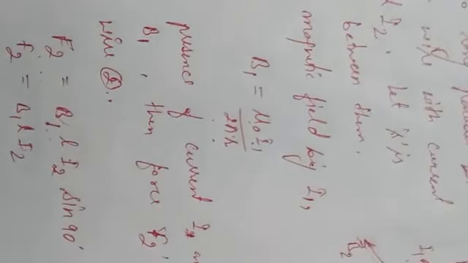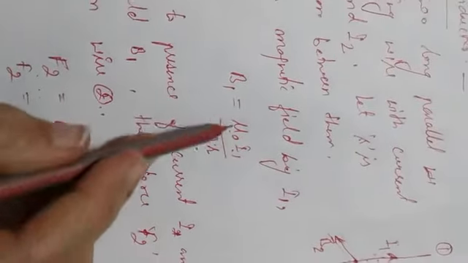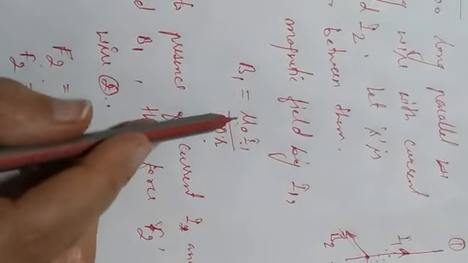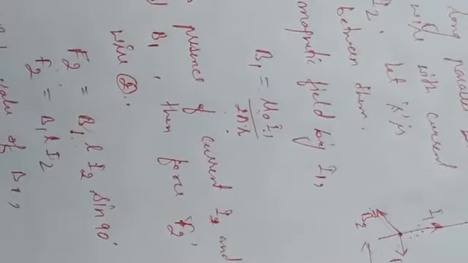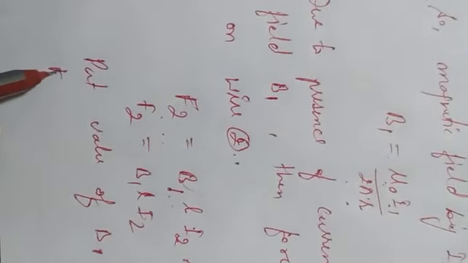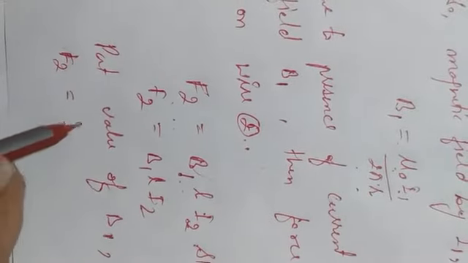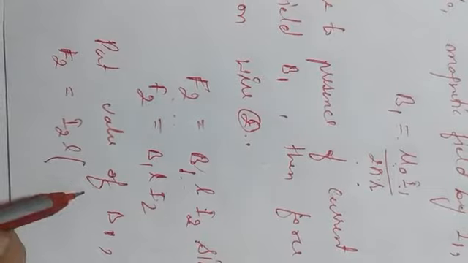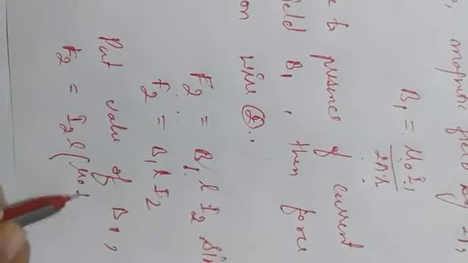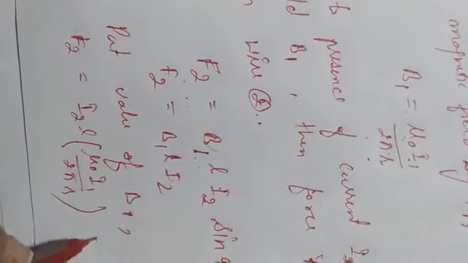Now put the value of B1 from this relation. F2 we can write as F2 equal to I2 L, and the B1 value we can write as mu naught I1 by 2 pi R. Understood?